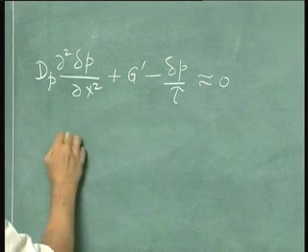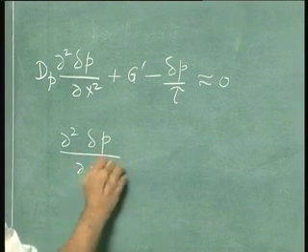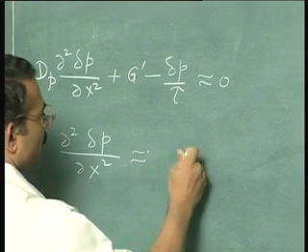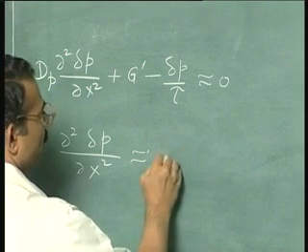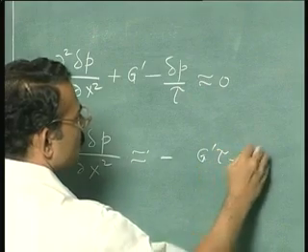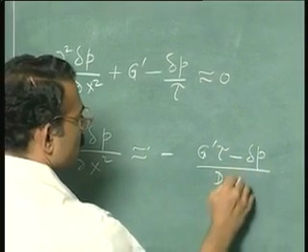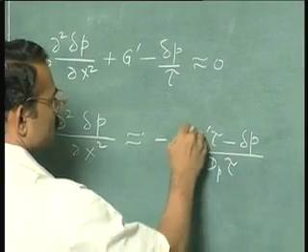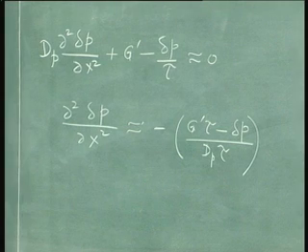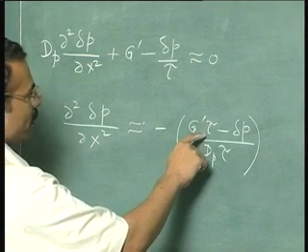So we will get an equation of the form ∂²Δp/∂x² is approximately equal to minus of (g'τ minus Δp) upon Dp τ.